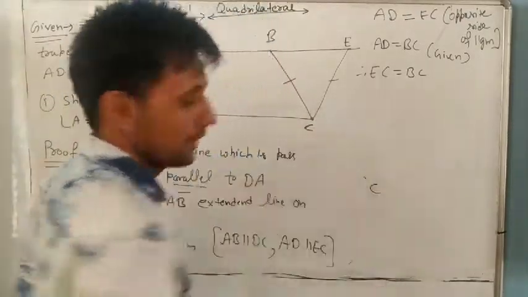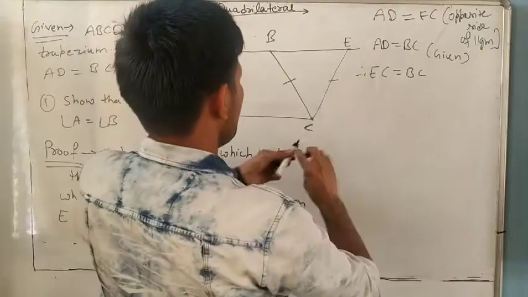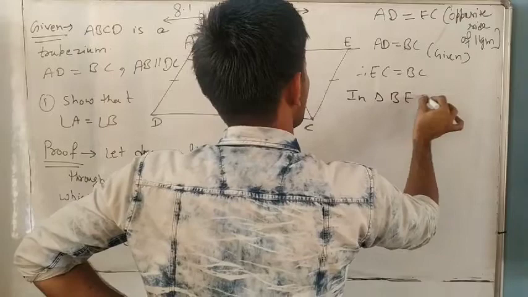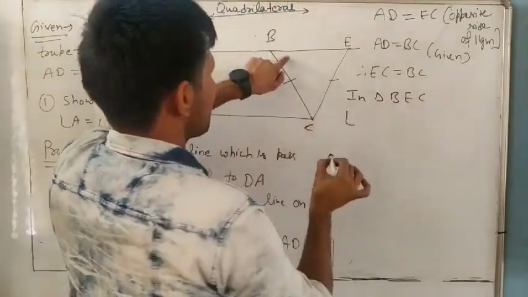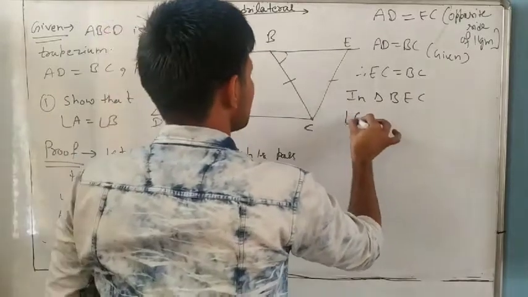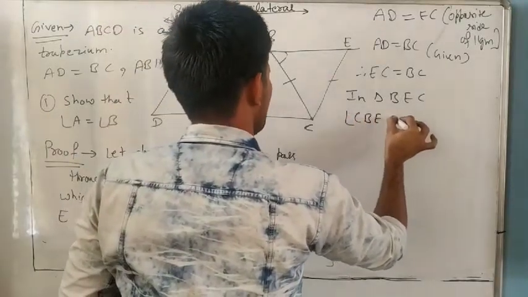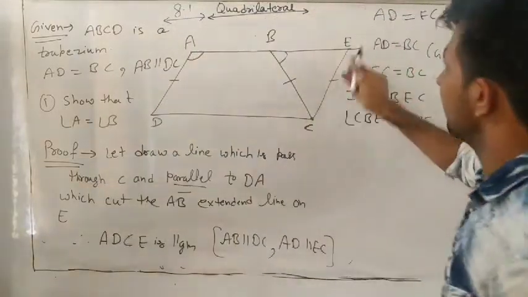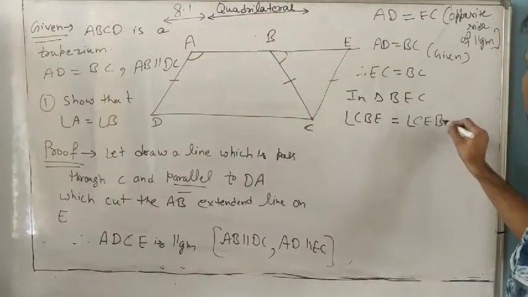So you can write, in triangle BEC, angle CBE equals angle CEB. Why?